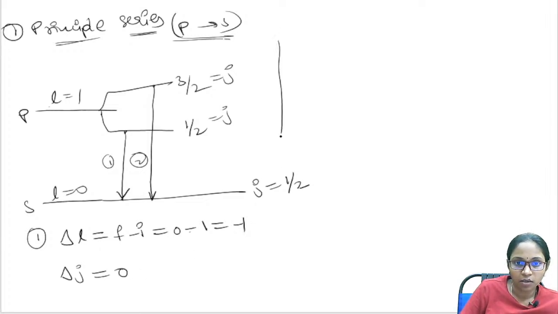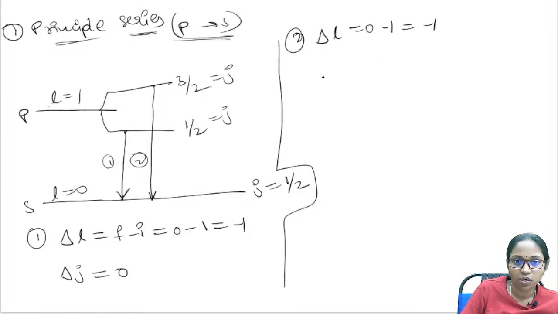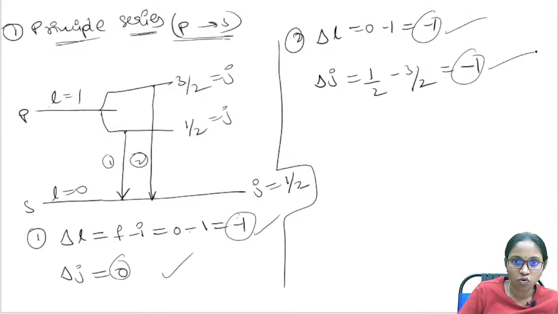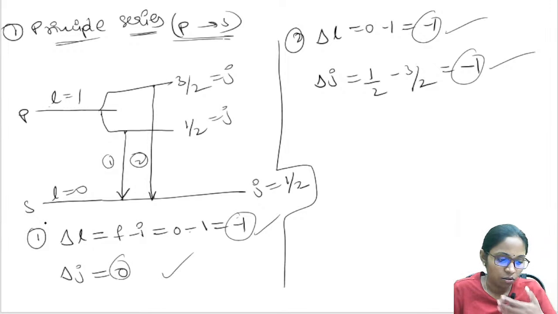And for the second spectral line, delta L is 0 minus 1, equal to minus 1, and delta J is 1 by 2 minus 3 by 2, which is minus 1. So for the first, delta L is minus 1 and delta J is 0; for the second, delta L is minus 1 and delta J is minus 1. Both these transitions are possible.